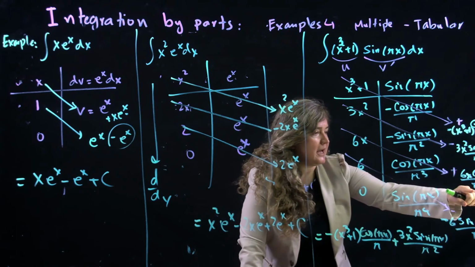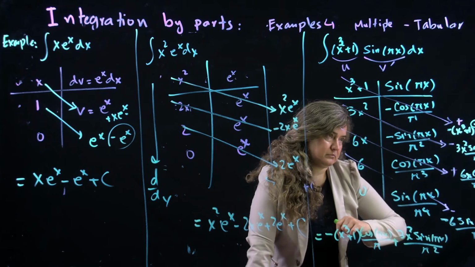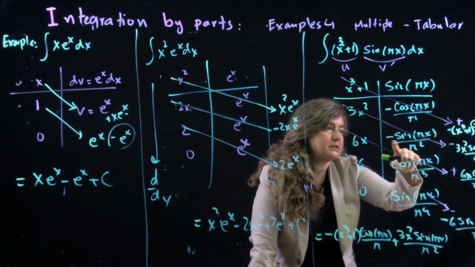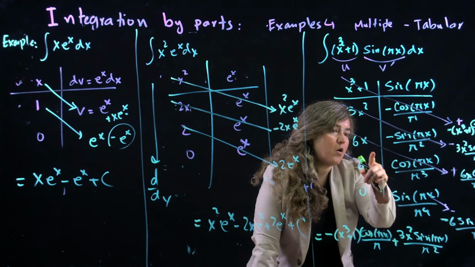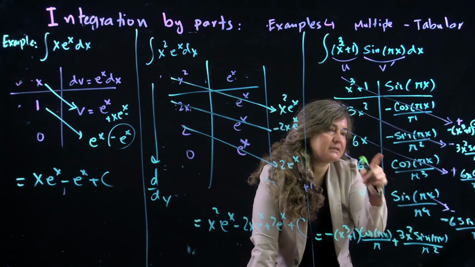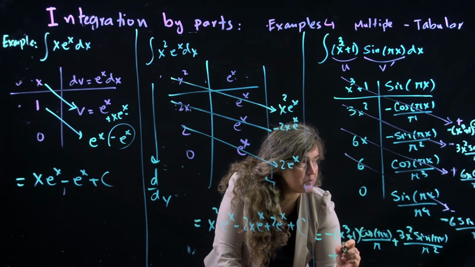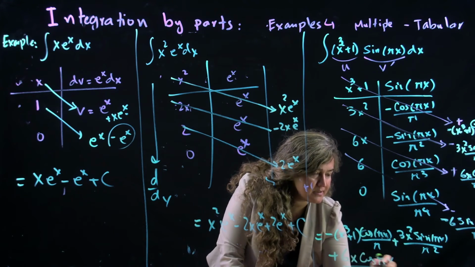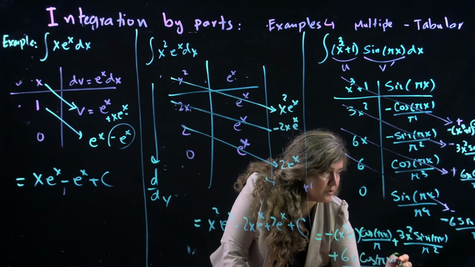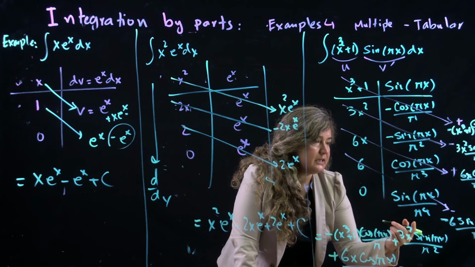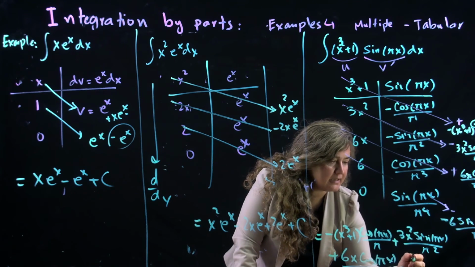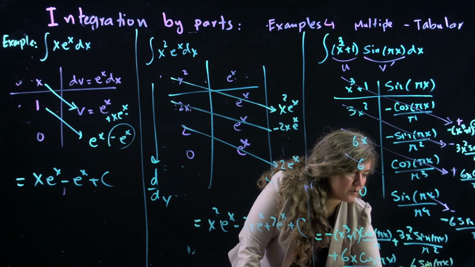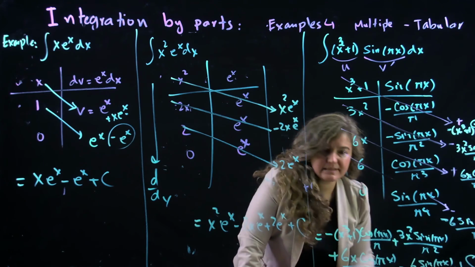Then you will have positive 6x times cosine, so plus 6x cosine of pi x over pi to the third, and then the very last one becomes negative again, negative 6 sine of pi x over pi to the fourth, plus c.